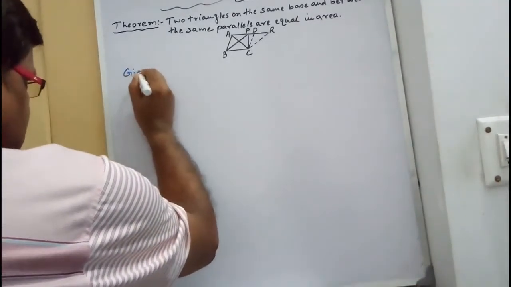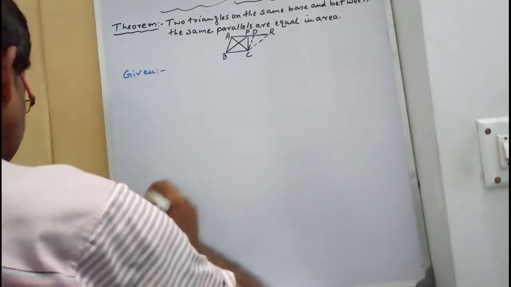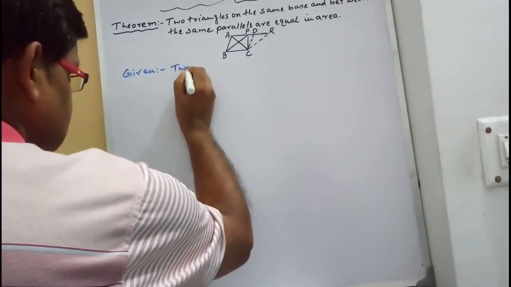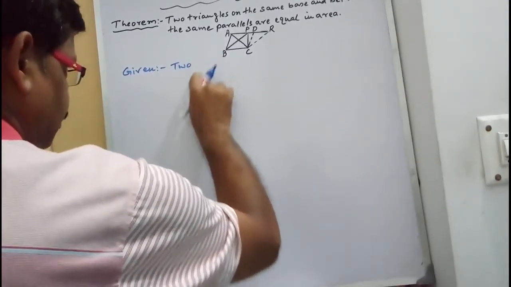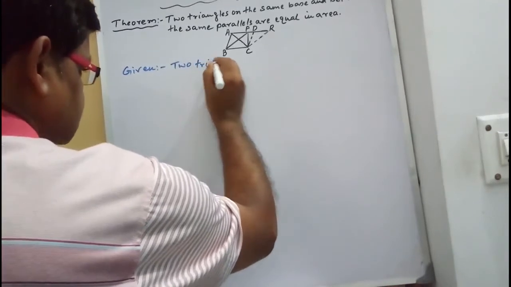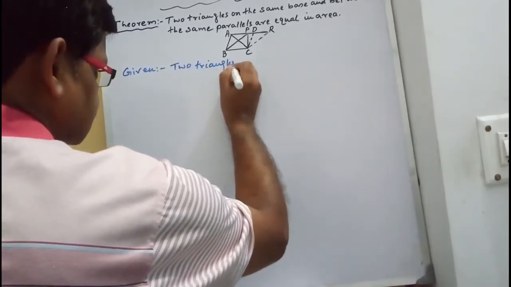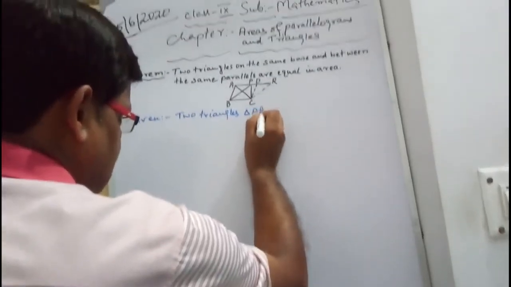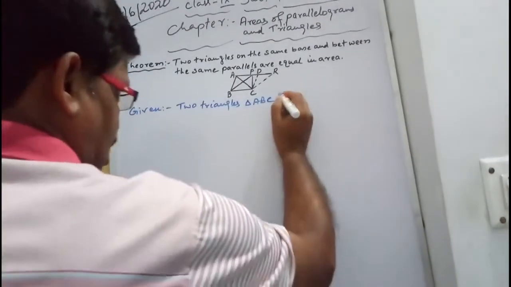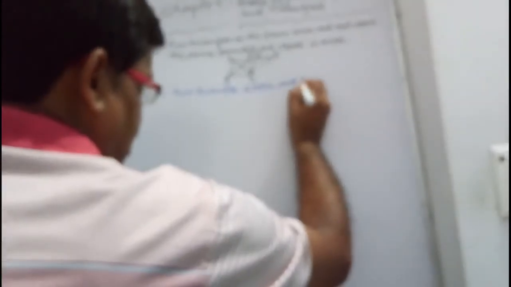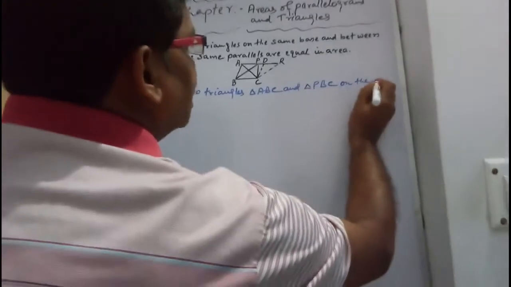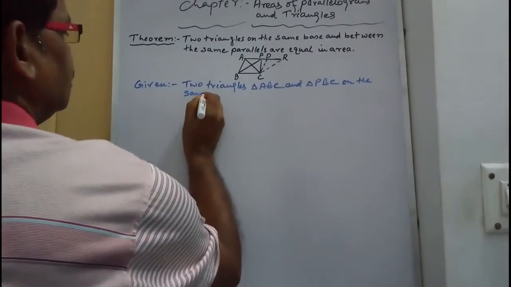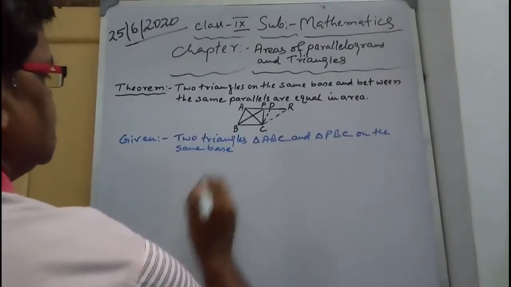So first, given two triangles, triangle ABC and triangle PBC on the same base.